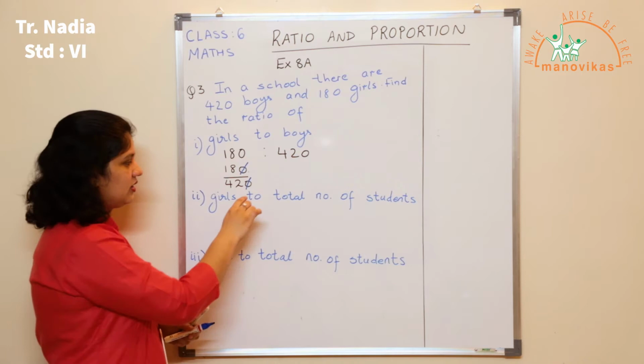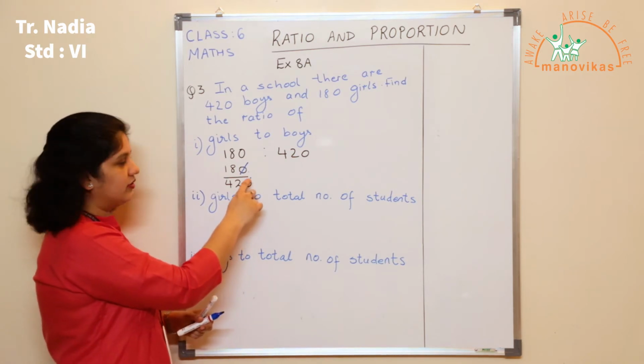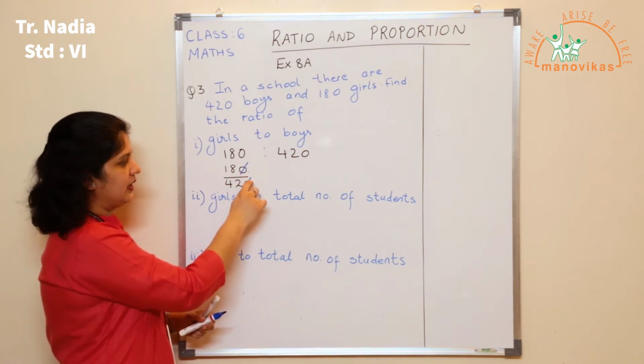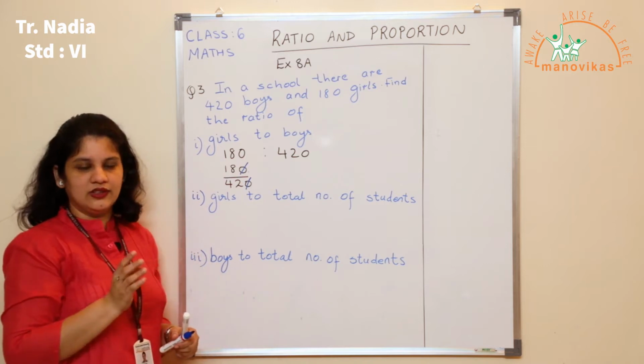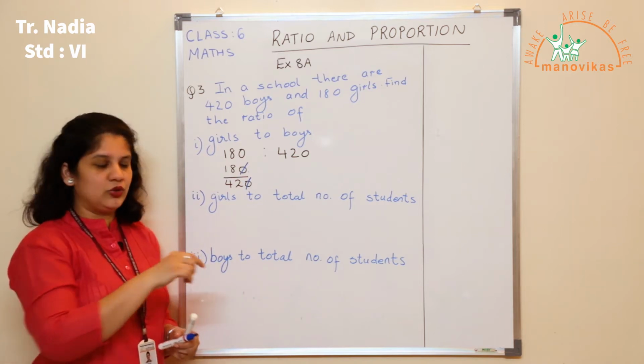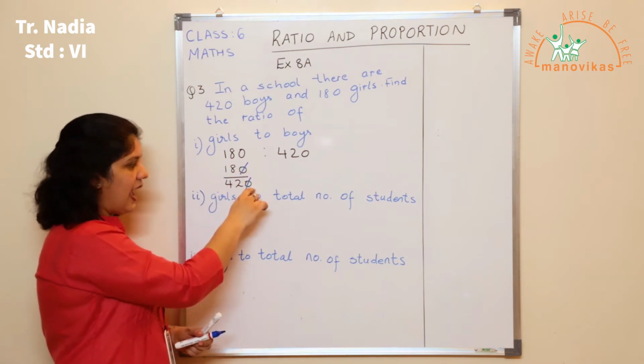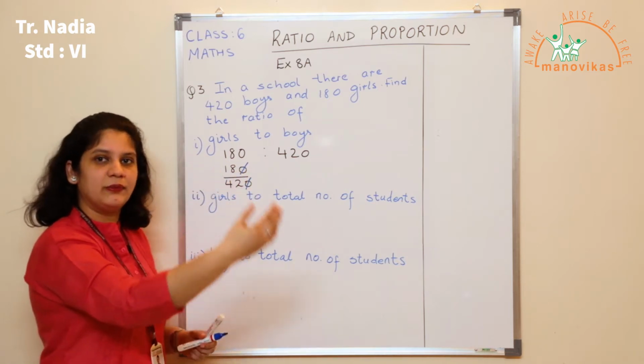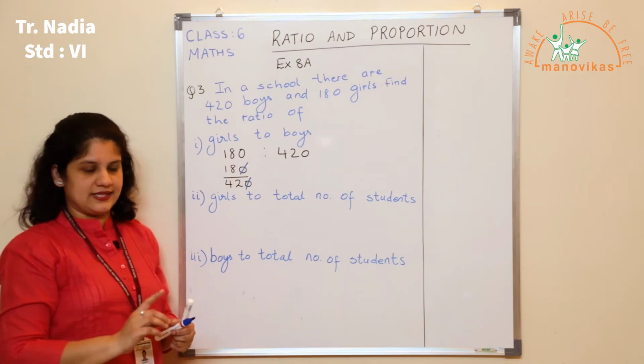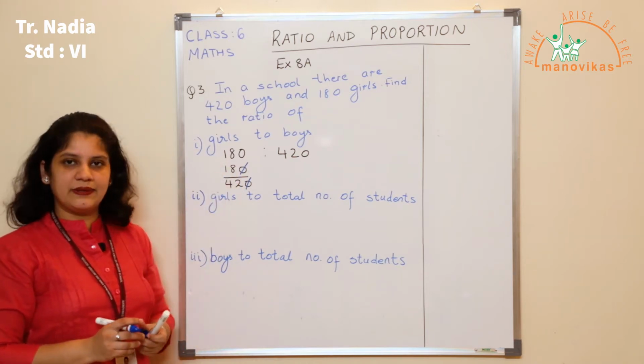But please remember children, the zeros have to be at the end of the number in the numerator as well as denominator. If it is somewhere in the middle of the number, you cannot cancel it like this. So to cancel a 0 in the numerator and the denominator, the zeros have to be in the last place. Okay, so 0 has been cancelled.